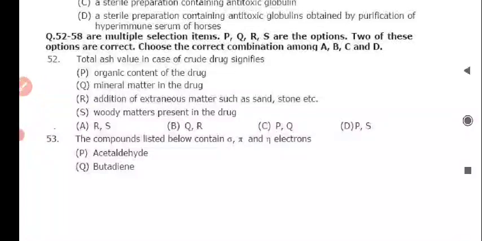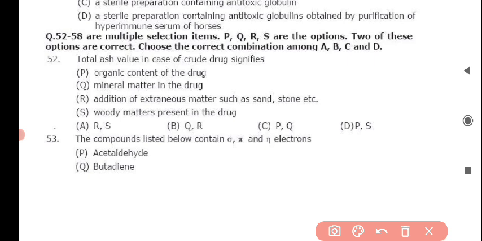Now coming to next question, total ash value in case of crude drug signifies, and the multiple options are: P is organic content of the drug, Q is mineral matter in the drug, R is addition of extraneous matters such as sand, stone, etc., and S is body matters present in the drug.